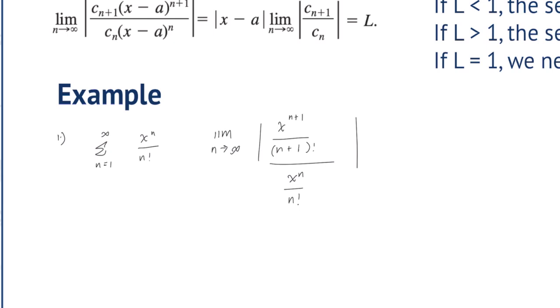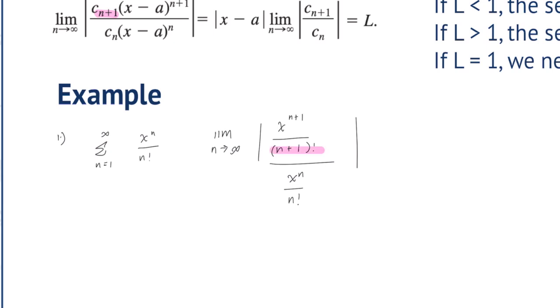So you might ask, where did this come from? As I've mentioned earlier, our C of n, or our Cn, is 1 over n factorial. So as you can see here, in this formula, we'll be adding 1 to the n, and it should be inside the factorial sign.